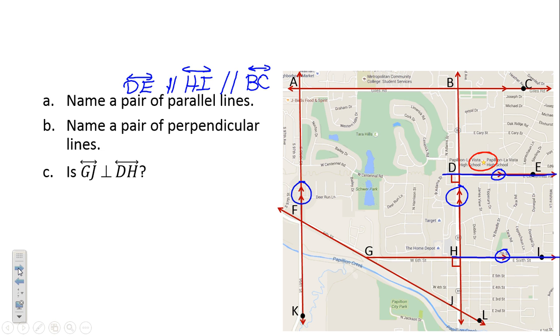They are parallel. Good. Different color line here. Line AF and line BD or BH are also parallel lines, right? So why the double arrows? Why the double arrows on those lines?